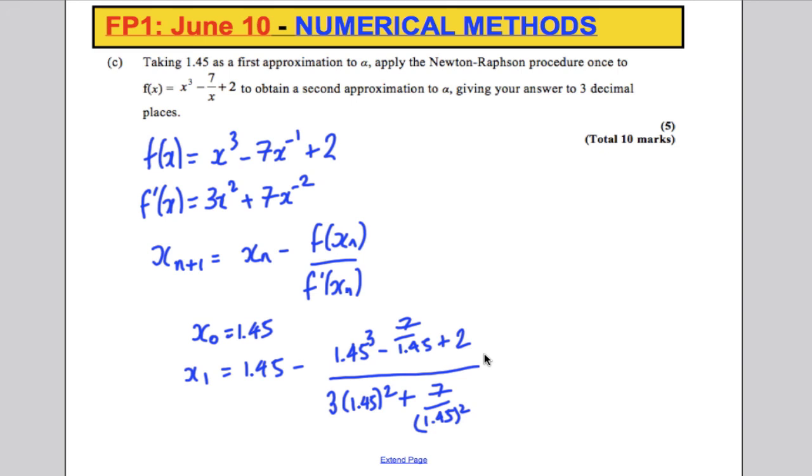So it's just a calculator game again. Tap that in your calculator: 1.45, subtract fraction 1.45 cubed, subtract 7 over 1.45, plus 2, and then 3 times 1.45 squared plus 7 over 1.45 squared.